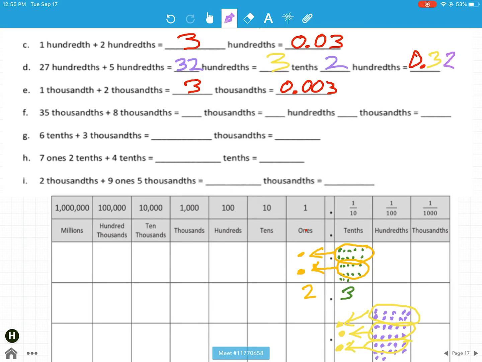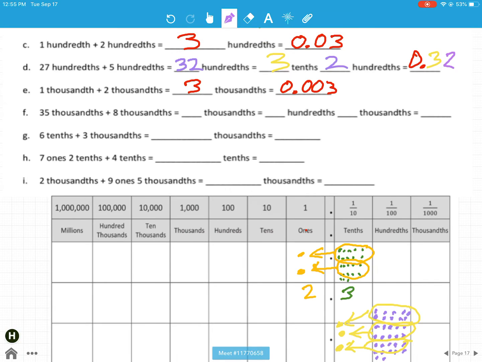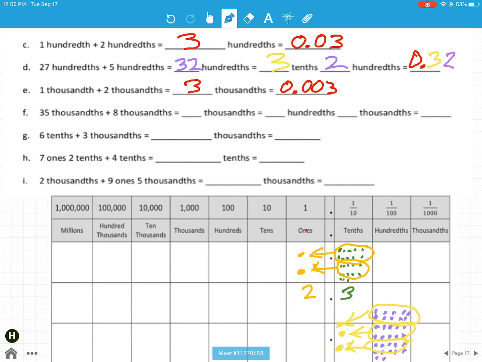All right, now we have 35 plus 8. 35 plus 8. Okay, so that is 43. Let me change my color here. 43 thousandths. All right, hopefully you can see that's 403 thousandths. So it's going to be 0.0.